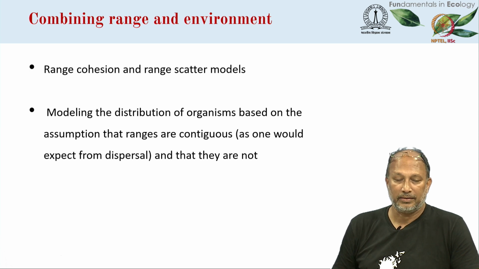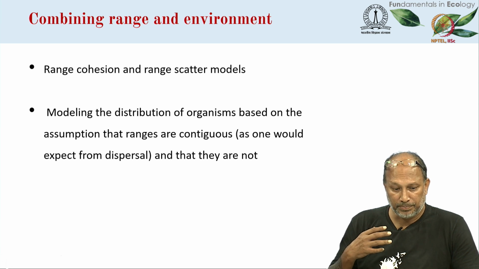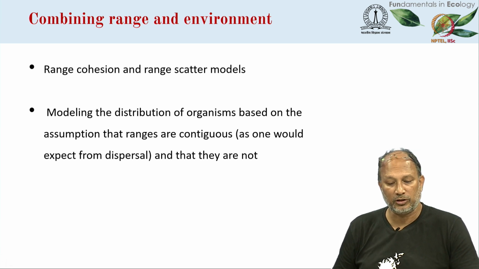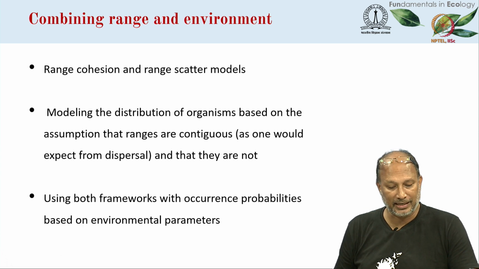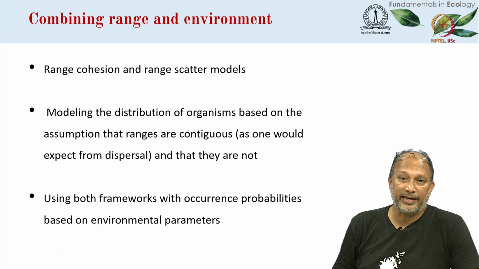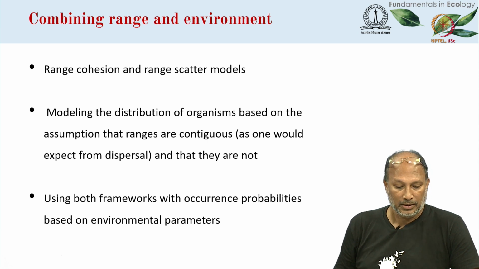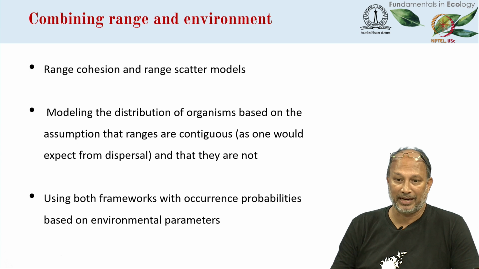They came up with a set of models that predicted the distribution of organisms based on whether ranges are contiguous, as one would expect from dispersal, or are not. And now within range cohesion and range scatter, you could assign occurrence probabilities based on environmental parameters.